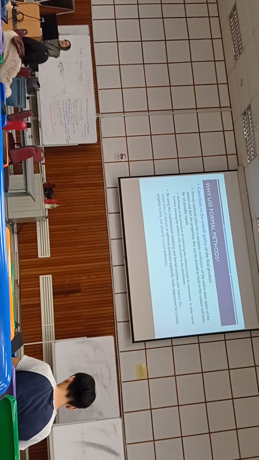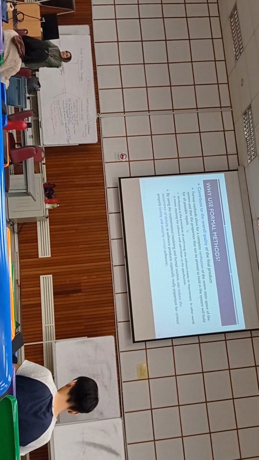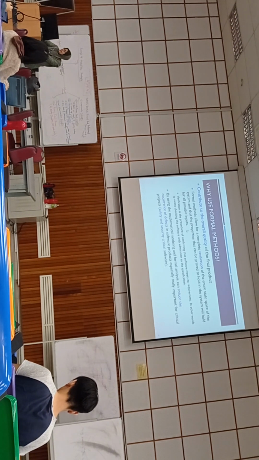So one of the usefulness of formal methods is to make sure that at the end of your work you can produce a quality product. This is a part that you can say clearly to your clients when you go for formal methods.